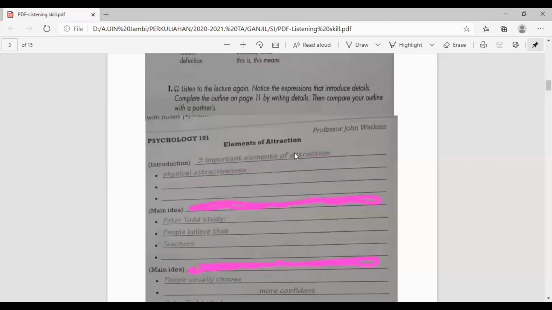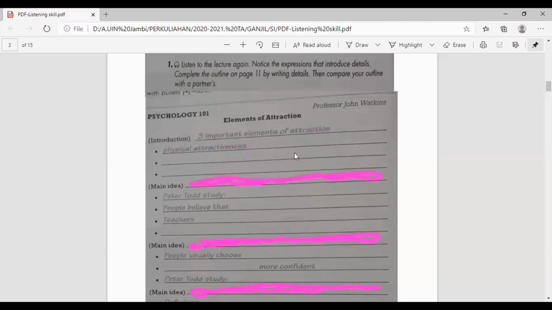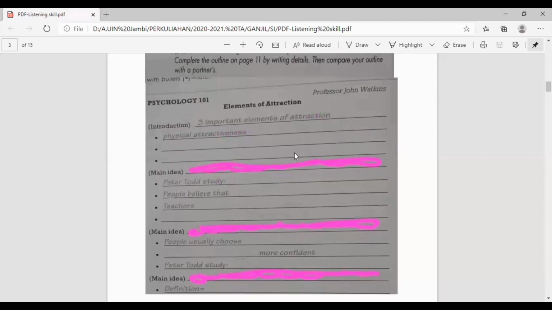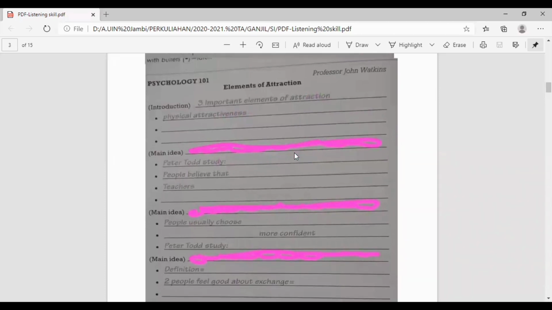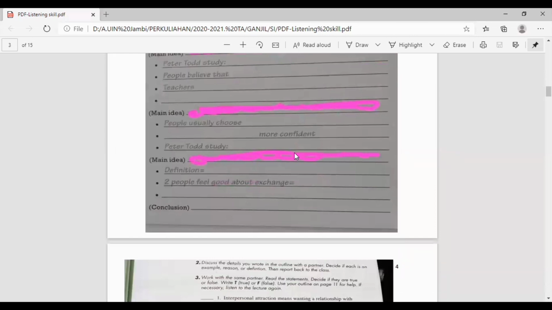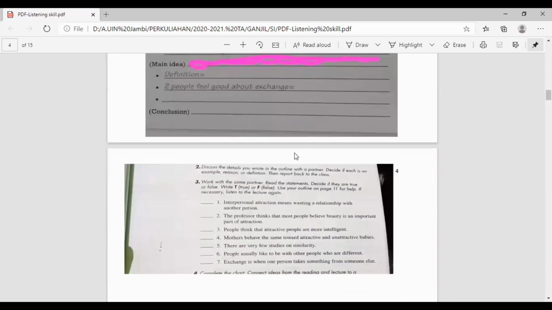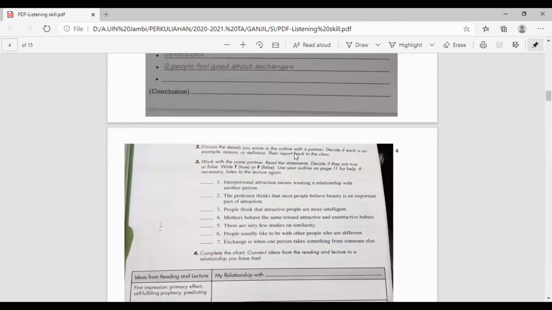Okay, so you have already listened to the elements of attraction, and I'm sure you have already completed the outlines with the notes about the main ideas as well as the details. Now after you complete the outlines, can you please discuss the details you wrote in the outline with a partner?